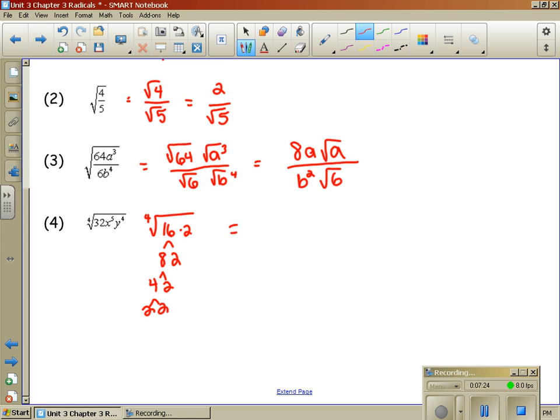So we can list 32 as 2 times 2 times 2 times 2 times 2. 32 is 5 2's. 5 x's, 4 y's.